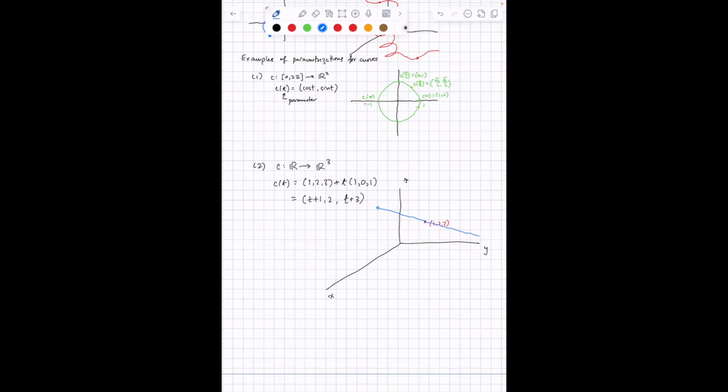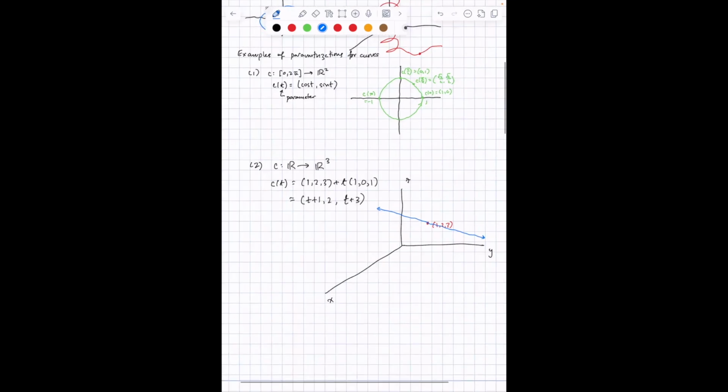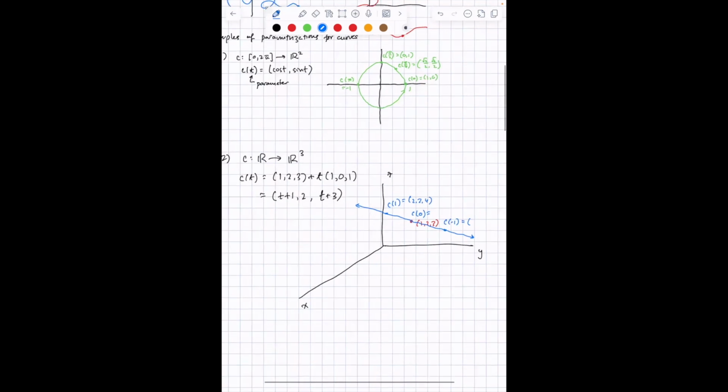This is not really drawn terribly well to scale. So when t is equal to 0, I'm right here. So here's C of 0 equals 1, 2, 3. C of 1 right here is equal to 2, 2, 4. And then it also goes backwards. C of minus 1 is equal to 0, 2, 2.